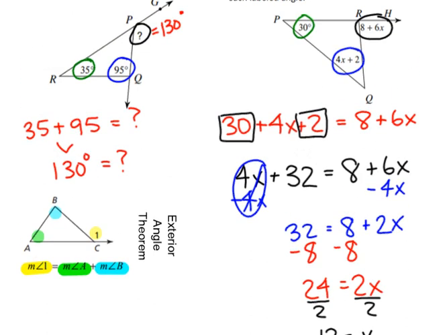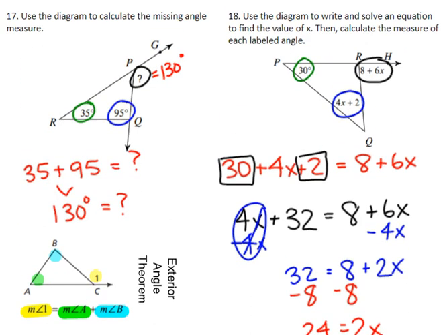Okay, we found the value for x. Now we're just going to go back and plug it in. So 8 plus 6 times 12 would be the same as 8 plus 72, which is 80 degrees. So 80 degrees represents that angle. 30 is already labeled.